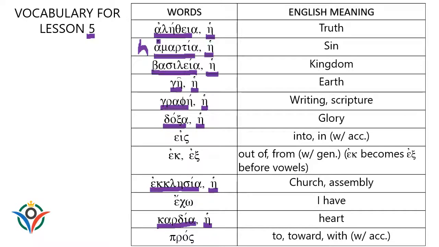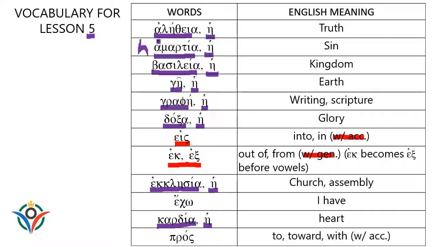And then we have one or two prepositions. The first one is eis, which means into or in, and it takes its object in the accusative case. Then we have ek or ex, which means out of or from, and it takes its object in the genitive case.